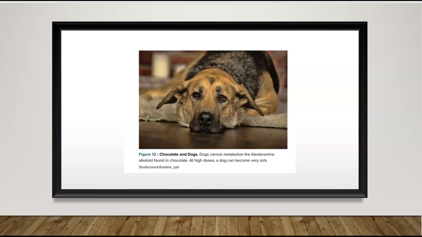So please don't ever give your dog chocolate. Even if, oh, well, here's just a chocolate cookie, or there's a cookie with some chocolate chips in it. It's not worth it. You don't know how your dog's body is going to react to it. Some, it may be fine. Like, oh, I gave my dog plenty of chocolate, no problems. Then your friend does the same thing to their dog, and their dog gets sick and dies. Every animal is going to react a little differently to it.